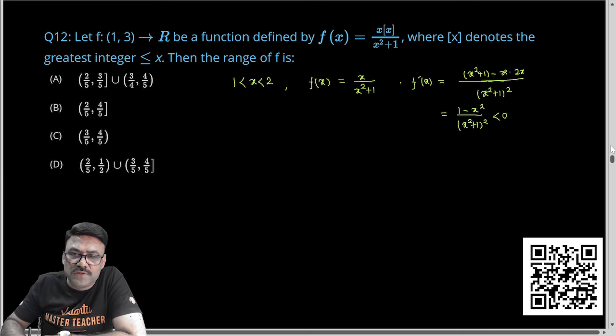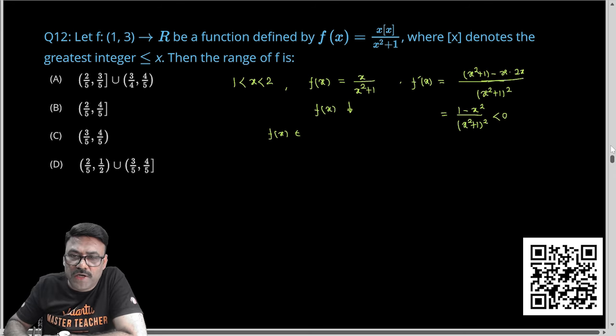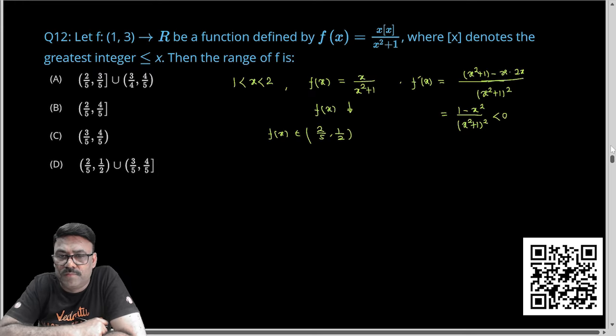That means your function f(x) is decreasing in the interval 1 to 2. So obviously the maximum value will be at 1 and the minimum value at 2, because it is decreasing. At 2 its value is 2 by 5 and at 1 its value is 1 by 2. So the range is 2 by 5 to 1 by 2 if I'm taking the interval 1 to 2.